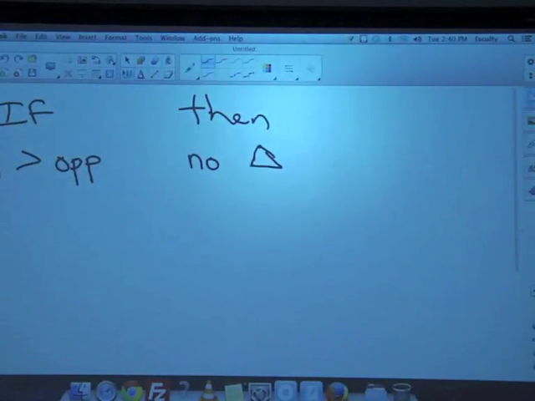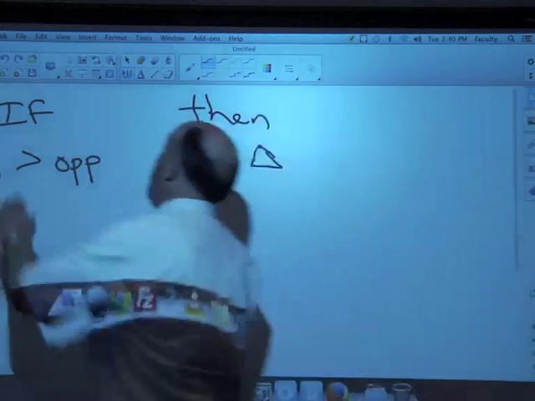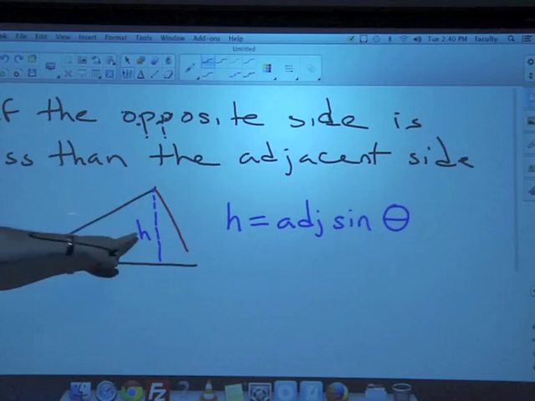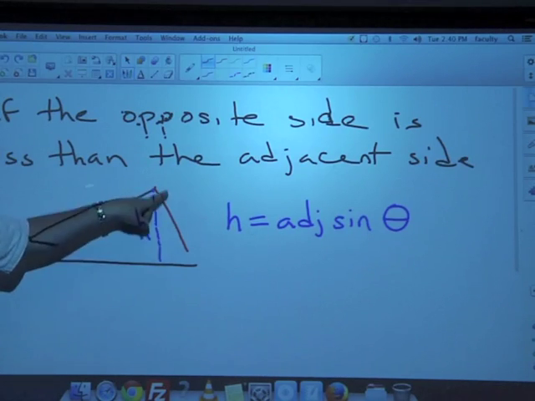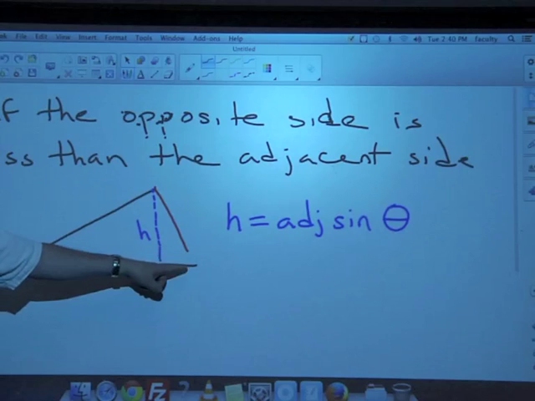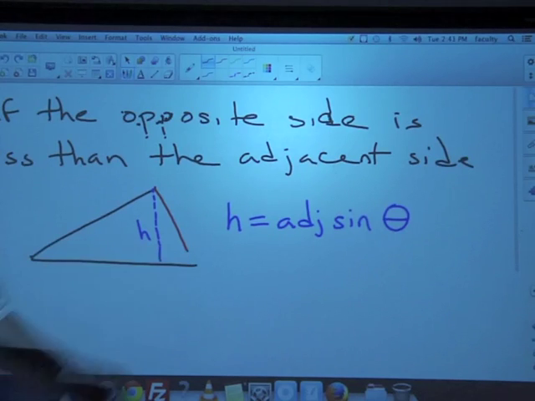Right? What do you mean no triangle? Well, for example, if I find out that the height is 12, but the length of this red piece is 8, can I make a triangle? No, it can't reach the base. Therefore, no triangle. Right?